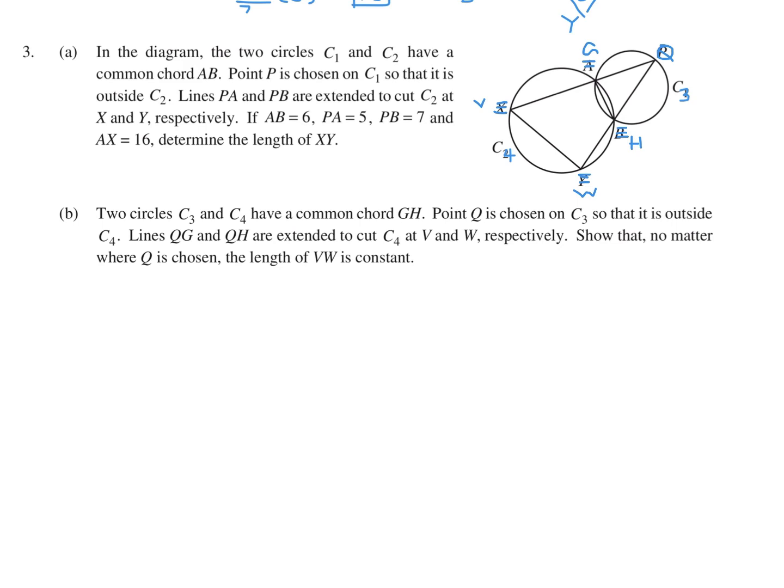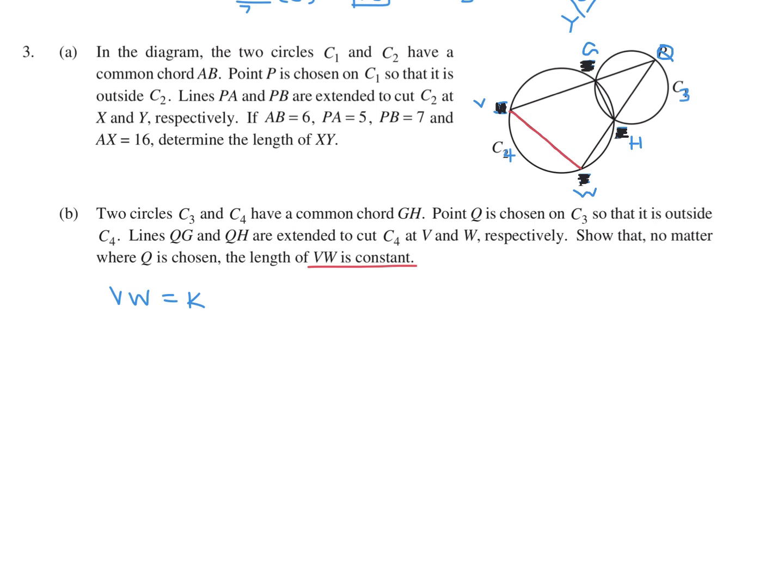They want us to prove that VW, this distance, VW, is constant. Okay. Let's see if we can do that. Well, we will let VW equal K, since we have to show that it's a constant.